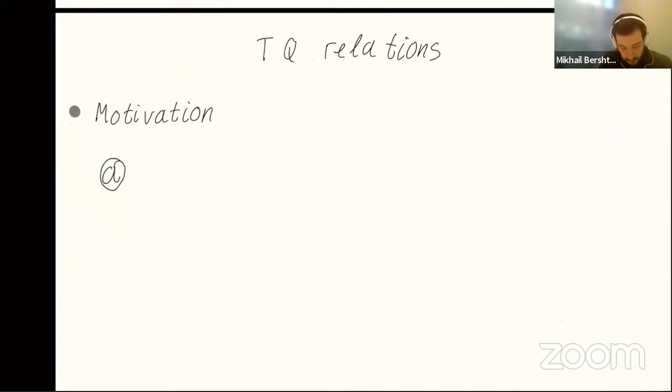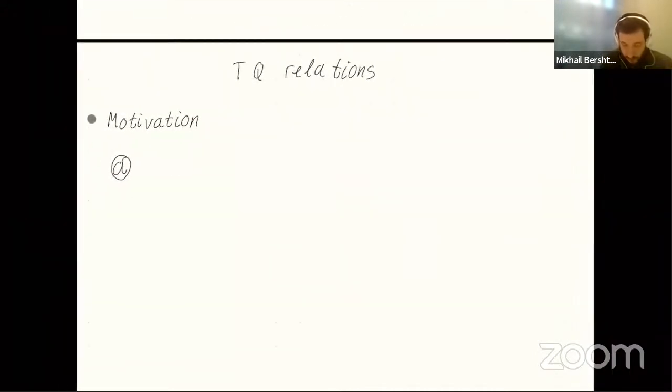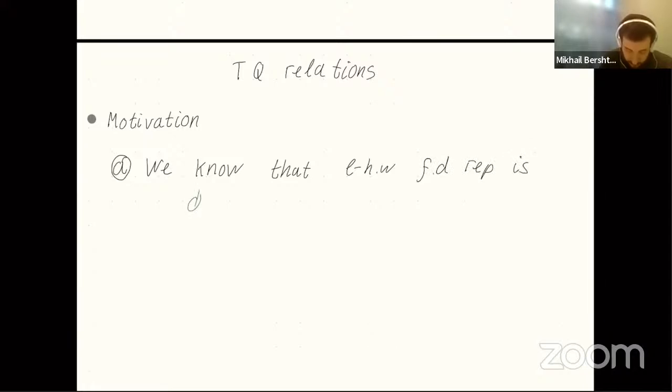is... we know that the highest weight of the finite dimensional representation is the following function: phi is equal to q minus L, p of z, p of q inverse z.